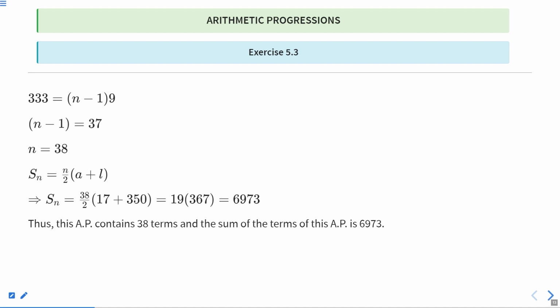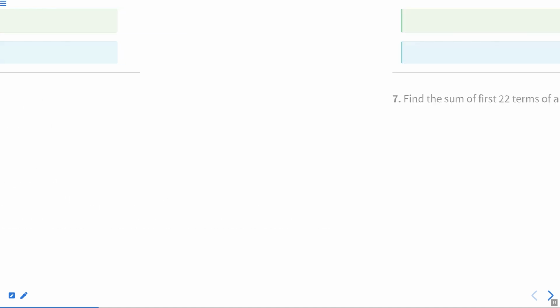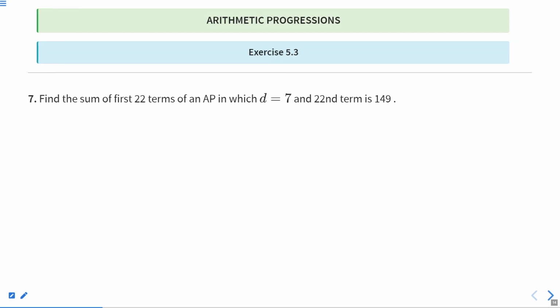Okay, so the answer is this AP contains 38 terms, and the sum of these terms is equal to 6973.